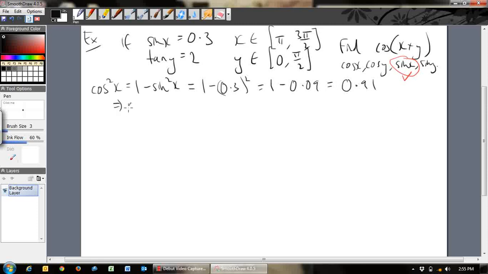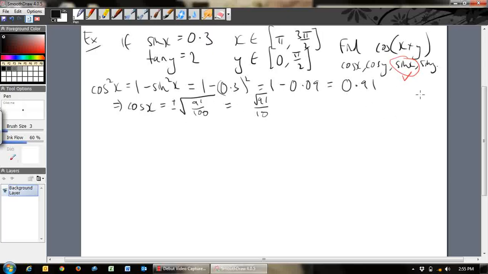So cos squared x is equal to that. Therefore, cos x is equal to plus or minus the square root of 91 over 100, so the square root of 91 over 10. Let's figure out whether cos x is positive or negative.